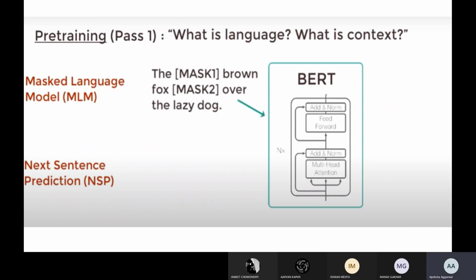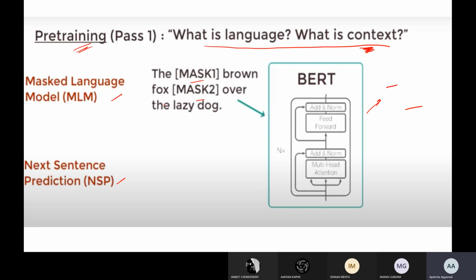Now let's see. Whenever I'm talking about BERT, it does two things at once. First, pre-training involves knowing the language or the sentence that you have given, and the context of the language: whether that sentence was a movie dialogue, or whether the person was actually searching that sentence on Google. First, it will mask out certain words and generate a model for the masked-out words, and it will predict the masked words.